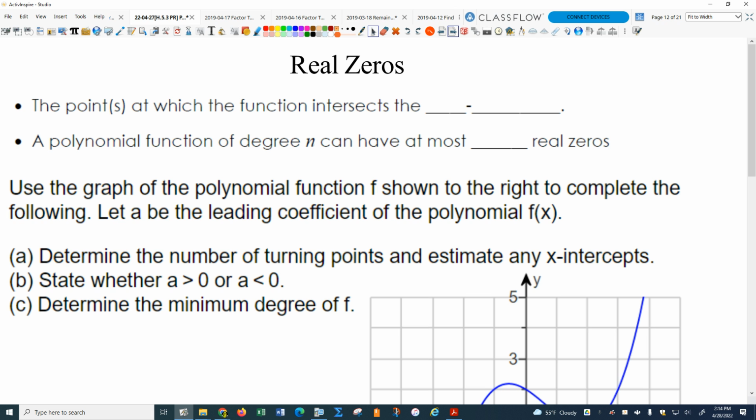Okay, so what about real zeros? So real zeros are the points at which the function intersects the what? You fill in the blank for me. Yeah, the x-axis. The real zeros are the points at which the function intersects the x-axis. And we've mentioned this before.